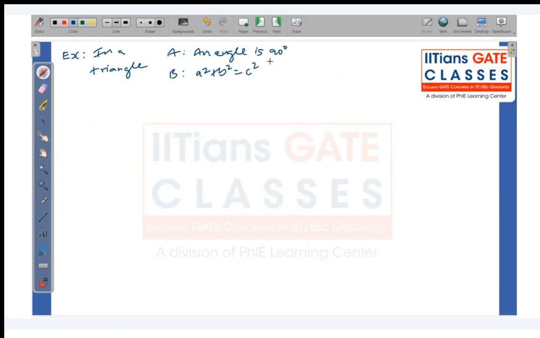Right? So if I take A implies B, what is this? If an angle of a triangle is 90 degrees, then the sum of squares of two sides is equal to the square of the hypotenuse. Pythagoras theorem, right?